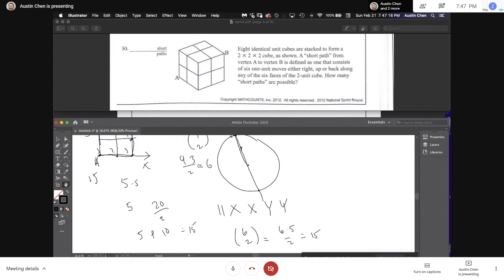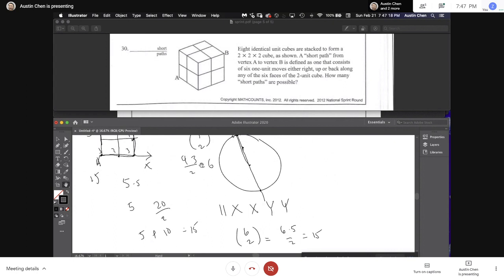This is the use of stars and bars where you're putting a certain number of things into a certain number of groups. I always think of eggs and baskets. You have a certain number of eggs, and you have to put them in a certain number of baskets. That's how I always think of these.